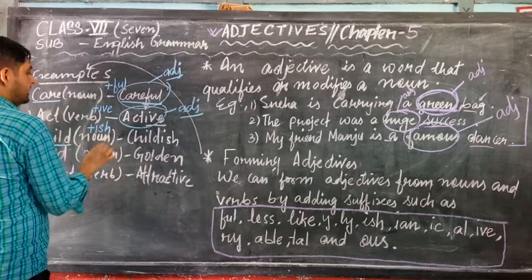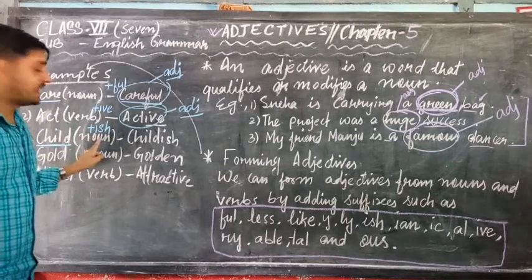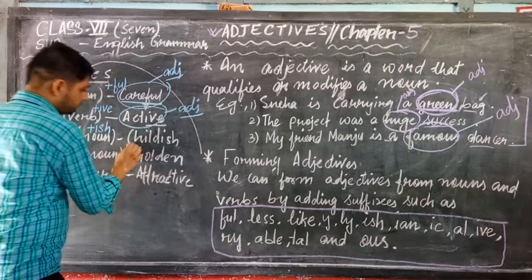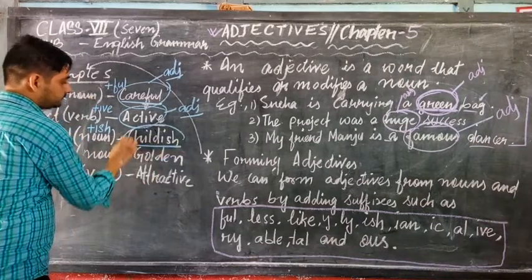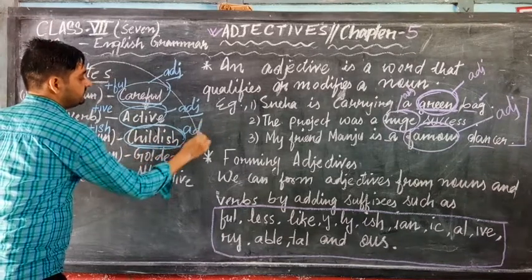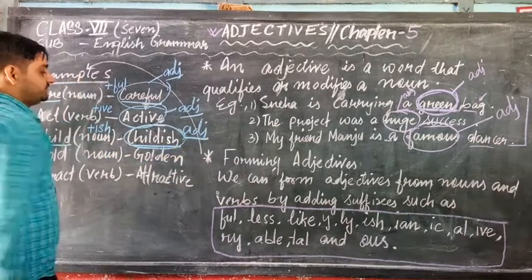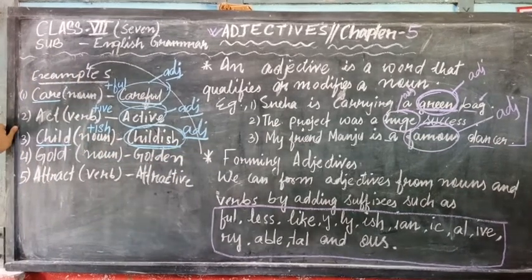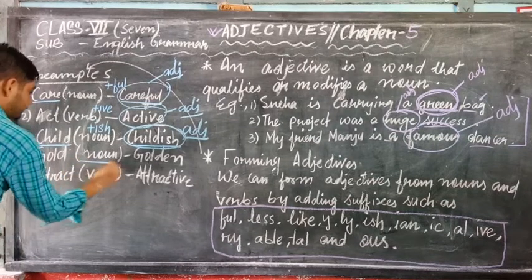We can use ish, and child becomes childish. It is an adjective. Gold is again a noun.